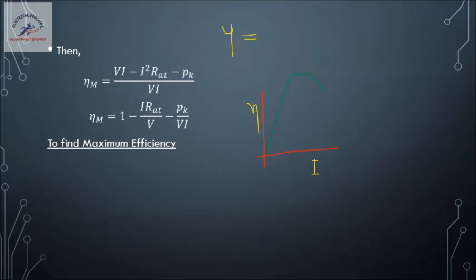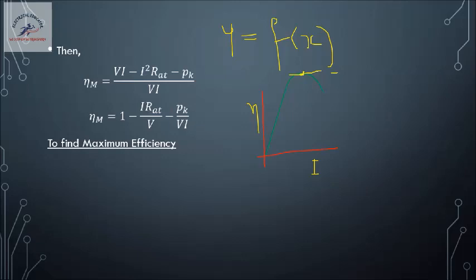So this will be something like y is equal to a function of x. So y is equal to f of x. So considering this, if we have an equation which has two variables, then considering this shape of this curve, if we find out the slope at each and every point, when the efficiency is maximum, the slope will be 0.